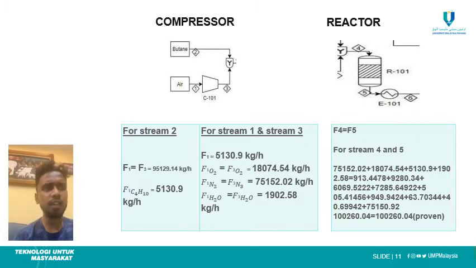And the exact same way goes for stream 5. We have to do the component balance in order to find the flow rates for oxygen, butane, water, carbon monoxide, carbon dioxide, maleic anhydride, formic acid, acrylic acid, and also nitrogen.